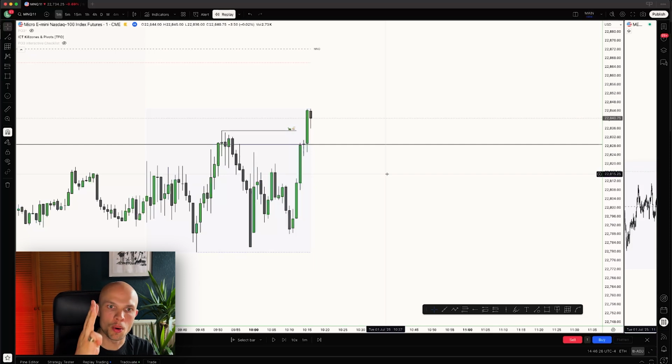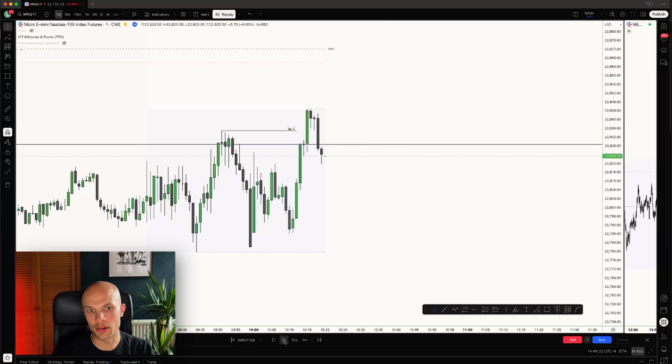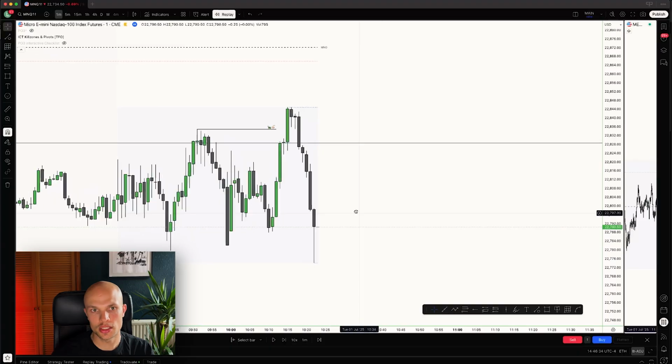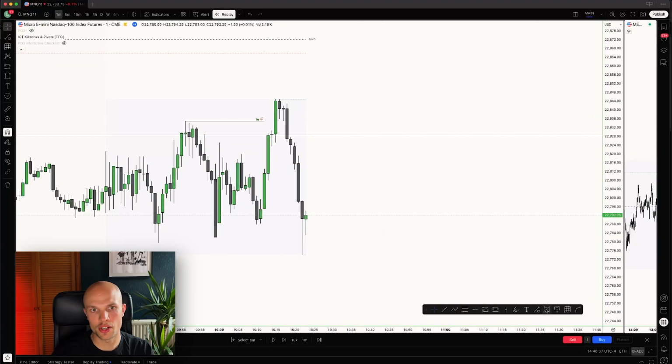We now want to see a 1-minute change in the state of delivery with bearish momentum. So when I say that, I want to see a drastic move down, which you can see here. As we change in the state of delivery, we create 1, 2, 3, 4 fair value gaps.